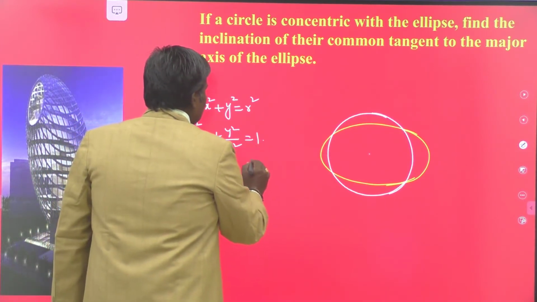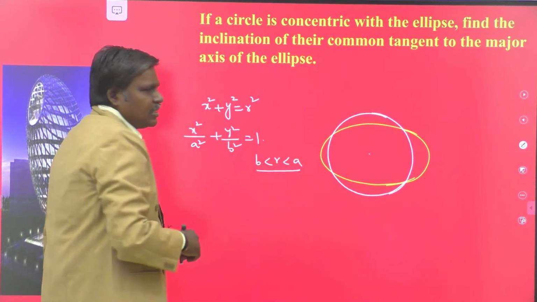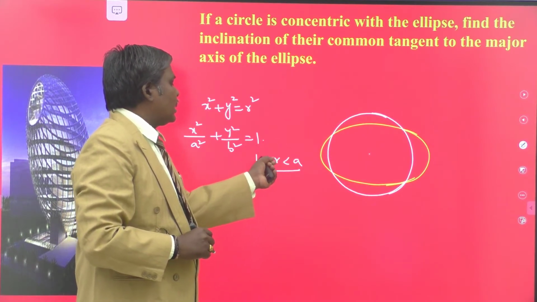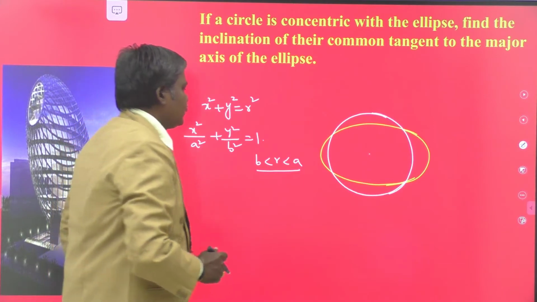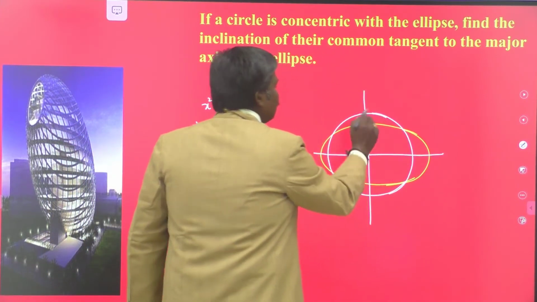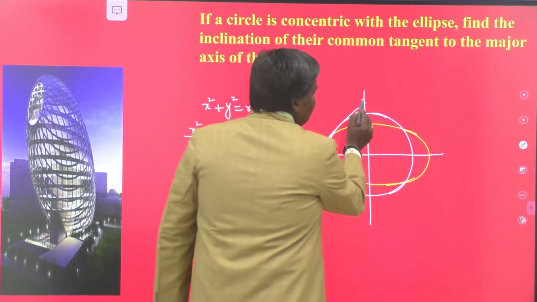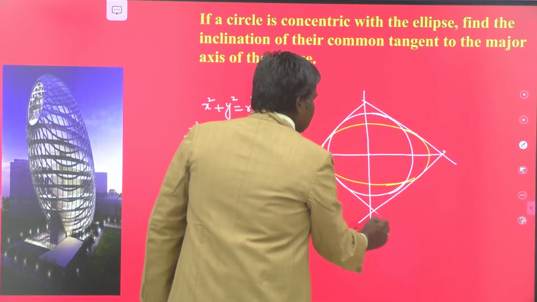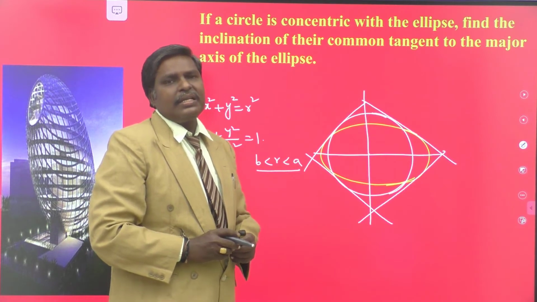Here the condition is b less than r less than a. Radius of the circle is more than semi-minor axis and less than semi-major axis. That is the case. At that time we have to find out the inclination of common tangent. That means this is the common tangent, it is also a common tangent, this is also a common tangent.